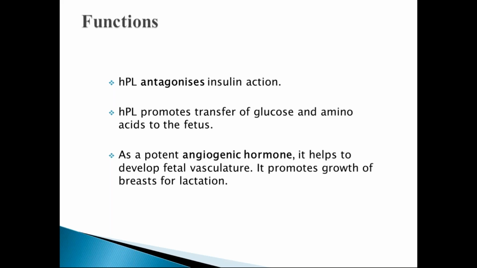It helps in lipolysis, and mainly the fatty acids are used by the mother, while amino acids and glucose are transferred to the fetus preferentially. It also has an angiogenic potency, which helps to develop fetal vasculature.